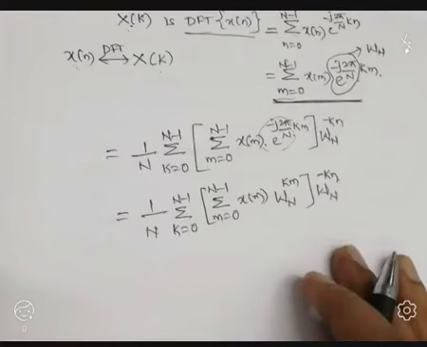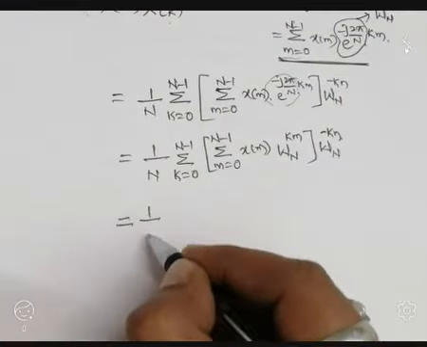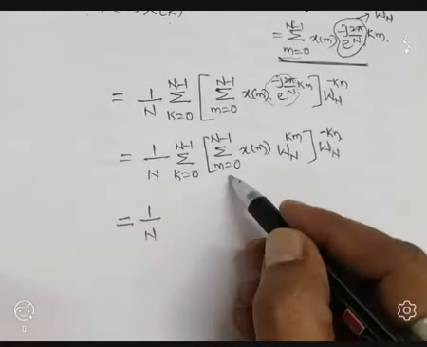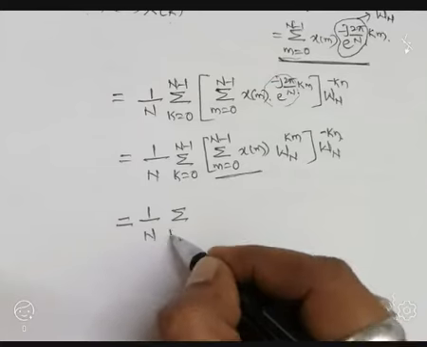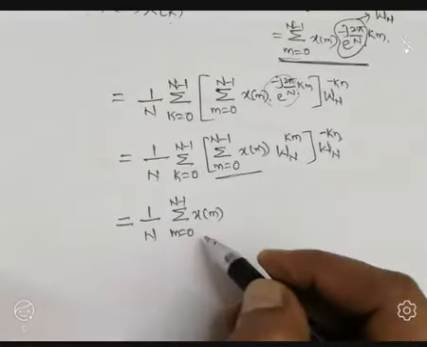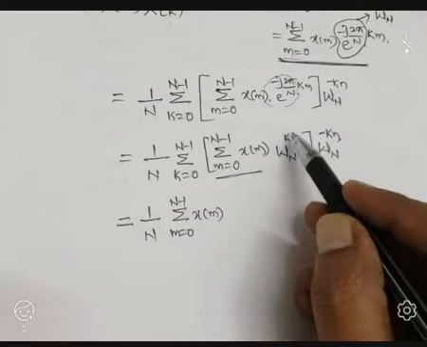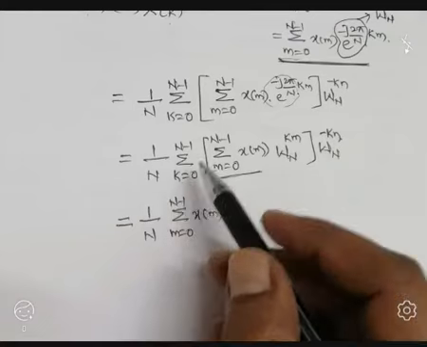Now the next step is to rearrange the summation terms and do the simplification. That is 1 by n as it is. I will take this term outside: summation m equal to 0 to n minus 1 x of m, because here k is present, here also k is present, so I will take this summation term. This summation term has the index k.